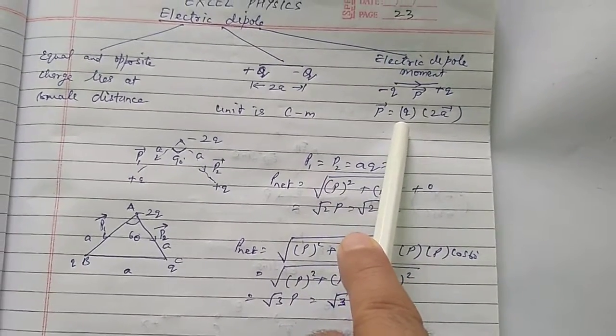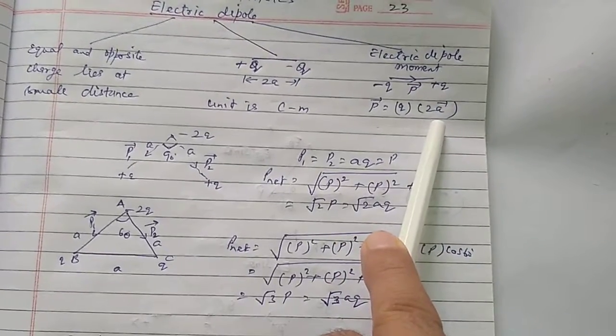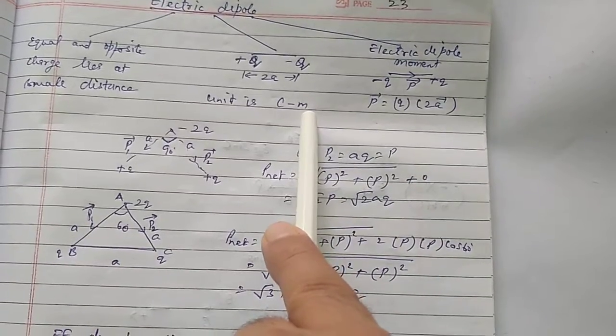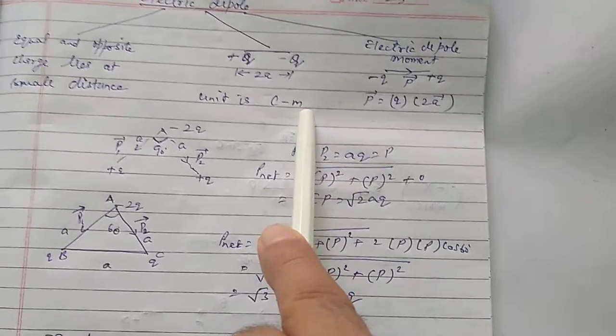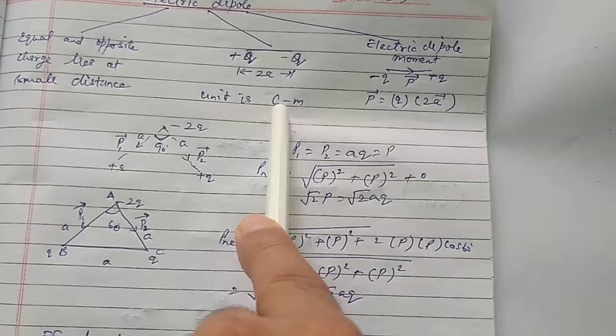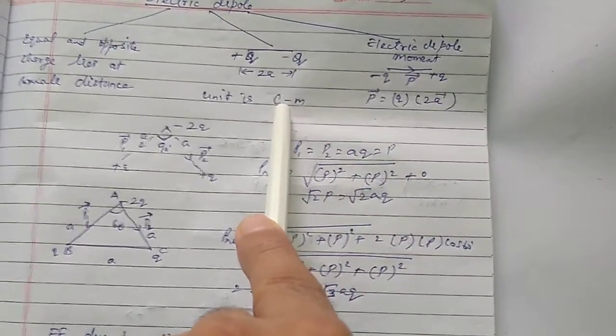And since you know that the unit of charge is coulomb and the dipole separation is the length, the distance between these two charges, so its unit is meter. So I have written coulomb meter. If I write meter very close to C and C is written small, it can be read as centimeter.